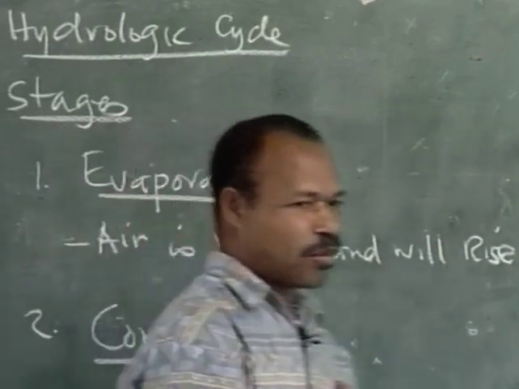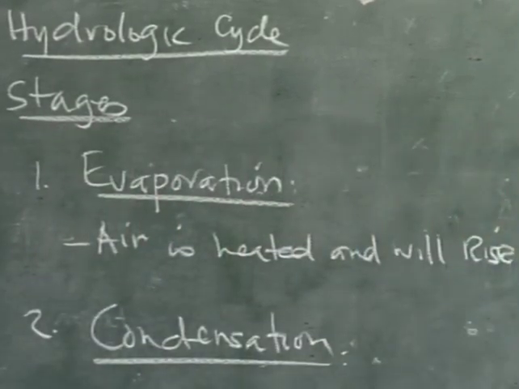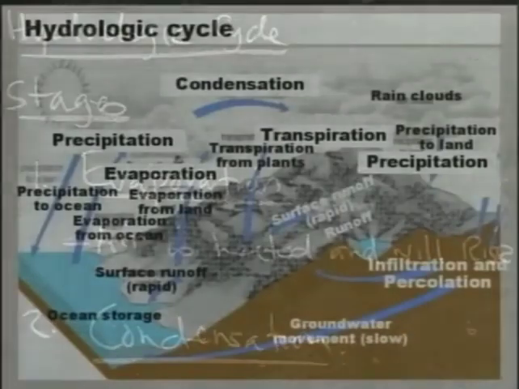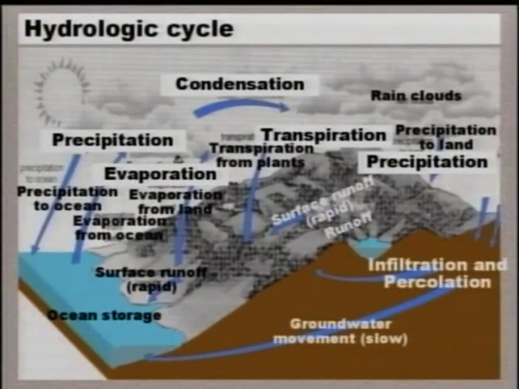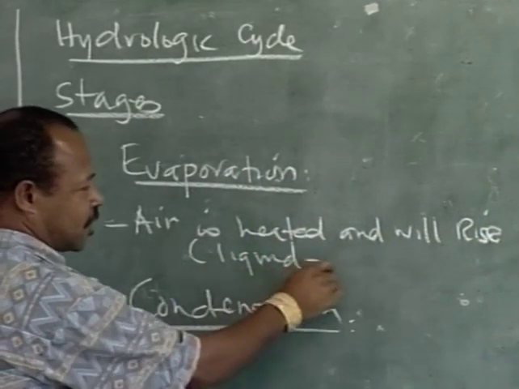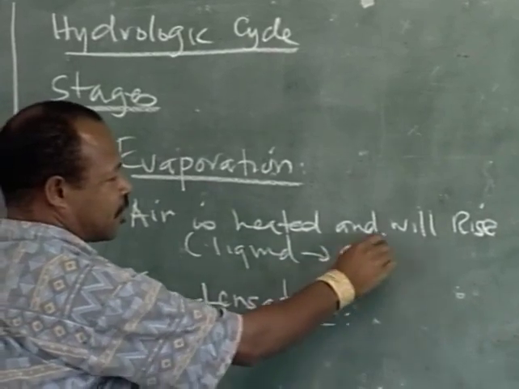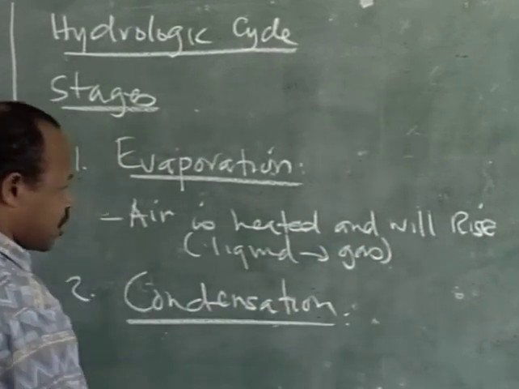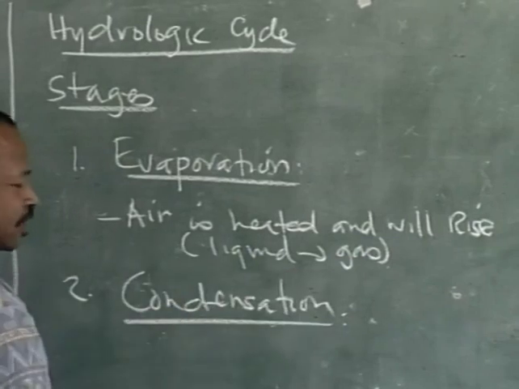With condensation, what is happening to the air? It's changing state from gas to liquid. So what we have here in the first stage is basically from liquid to gas. Now what we have is a change of state from gas back to liquid.